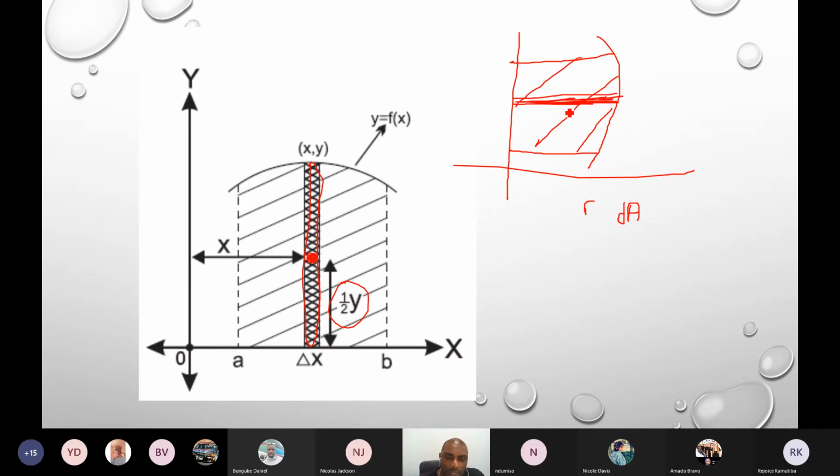This distance here is y, and then the distance from the y-axis here will be half x.